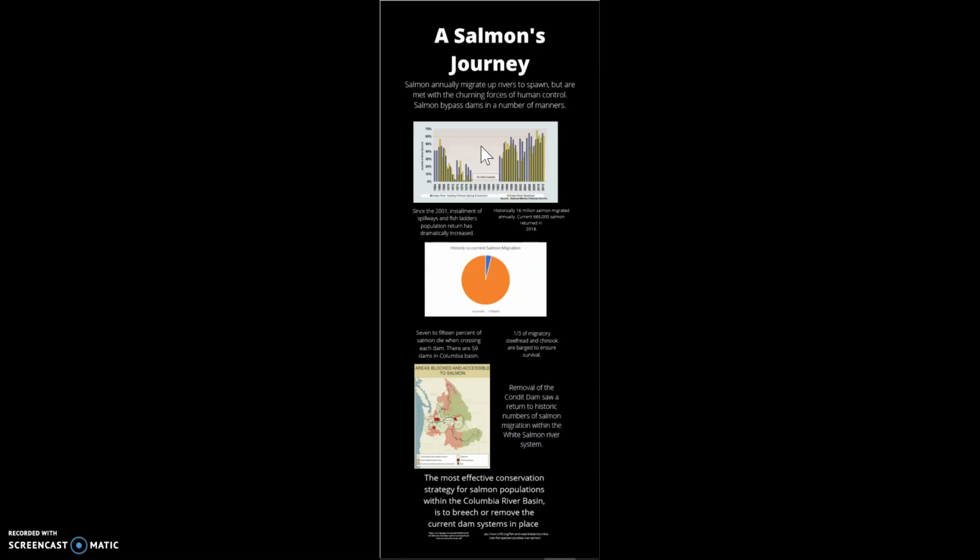We aren't doing a whole lot in terms of changing. And you can see that when we did not have any, right along here, it was a very large challenge for them to navigate through the Columbia River system. And once we installed spillways, salmon numbers did increase in migration patterns.